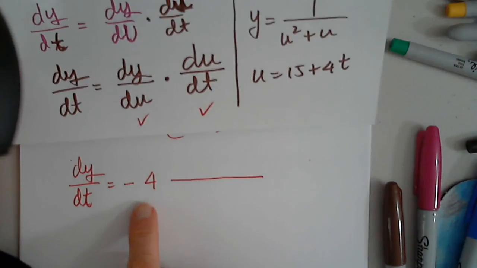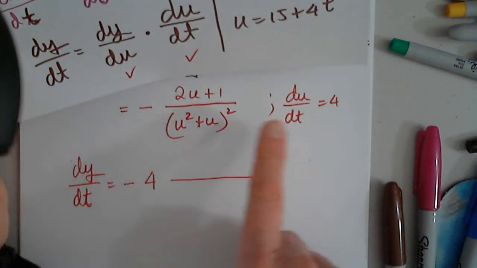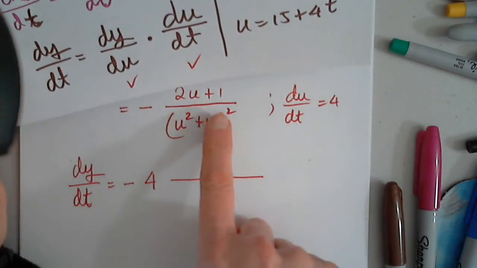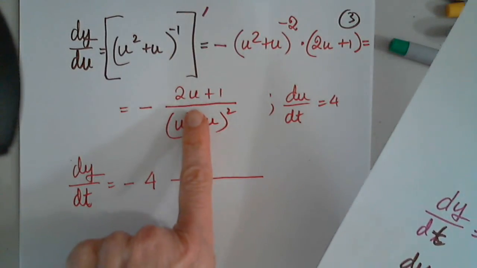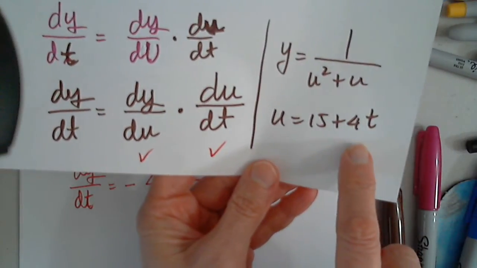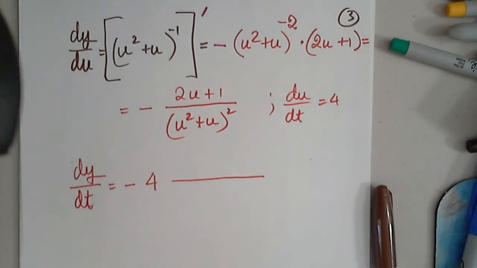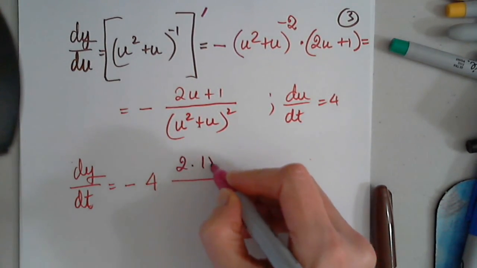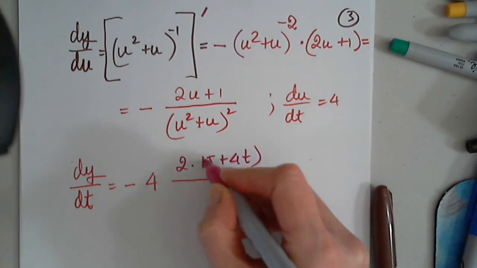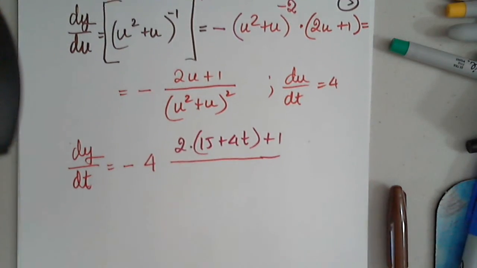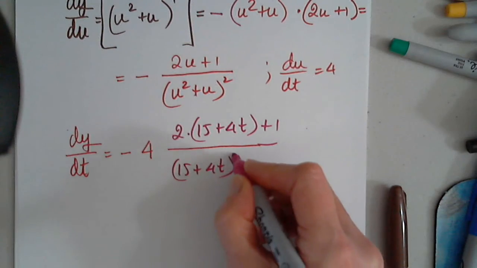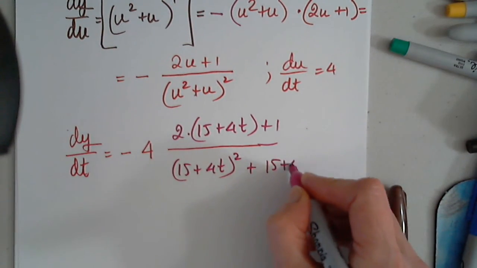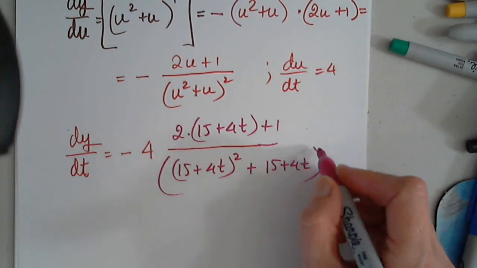Which this is for negative, I mean, it's a minus and I have a 4 for this. And now I copy this, but I cannot copy it without replacing u by 15 plus 4t. So 2 times 15 plus 4t and plus 1, over 15 plus 4t, everything squared plus 15 plus 4t, everything squared.